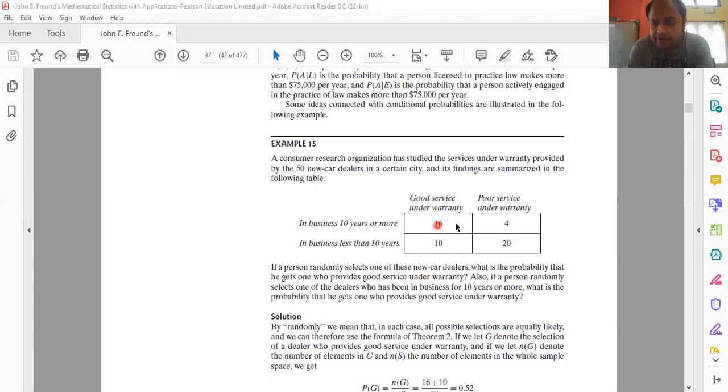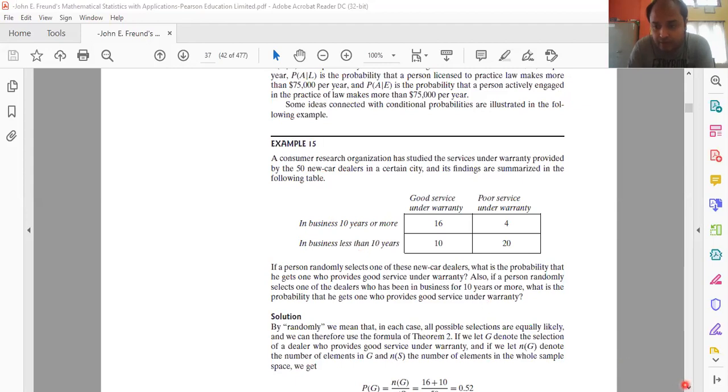First of all, if I add all the figures in the table, 16 plus 4 is 20, 20 plus 10 is 30, 30 plus 20 is 50. So the total of these figures is 50, which is the total number of car dealers in the city.